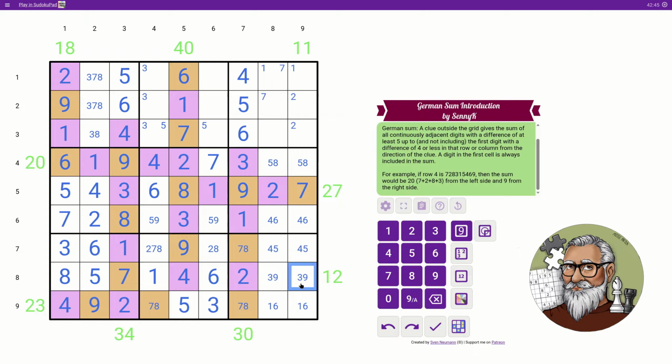This is the only place where 3 and 9 appear. So one of those would have to... Oh, yeah, one of these is 3 or 9, right?